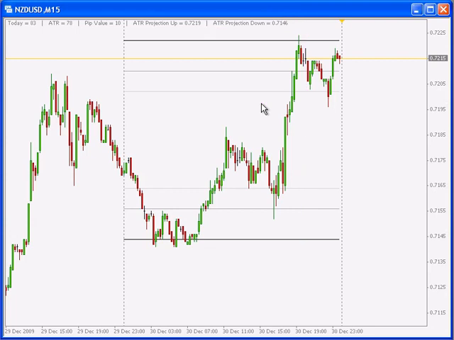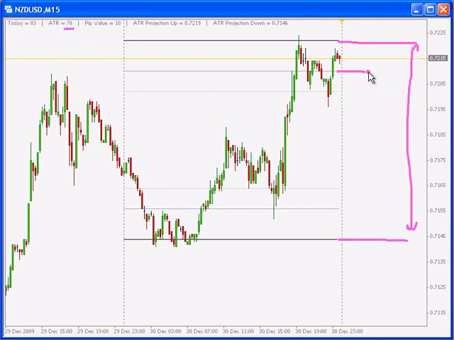Now, you will probably notice there are a few floating lines on my screen. These ones, the outer bands, are the 100% of the average daily range. Basically, the distance between these two bands is 78 pips.